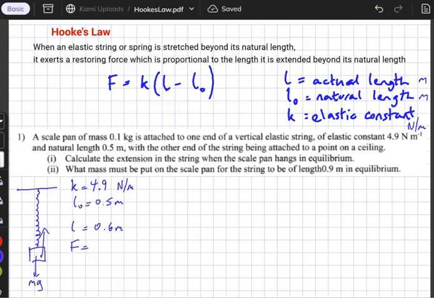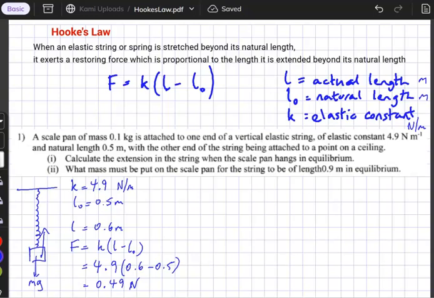So at 0.6, my constant is 4.9, my length is 0.6, my natural length is 0.5. When I do that calculation, I end up with 0.49 newtons. So that's the force being created by the spring back in the other direction, and we obviously would have a force acting down.